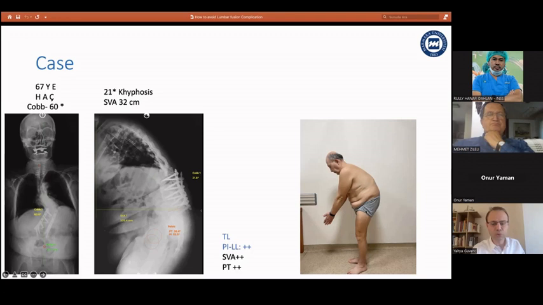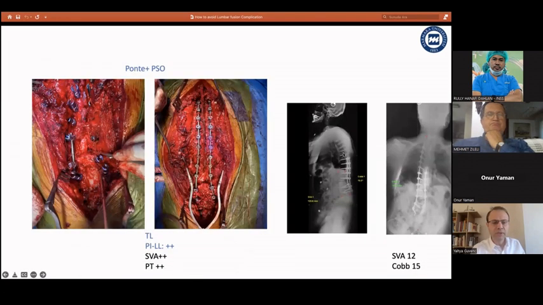This is the normal position. We took him to operation, we made some osteotomies in here, but there is a fusion at the inferior level, and there is some interbody graft from old operations, but there is a scoliotic fusion in here, at L4, L5, and S1.